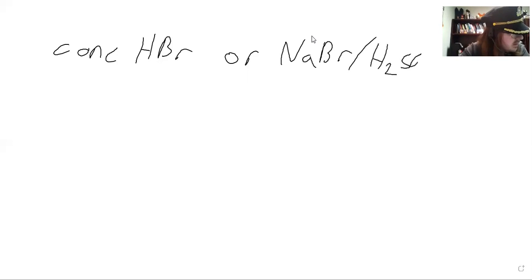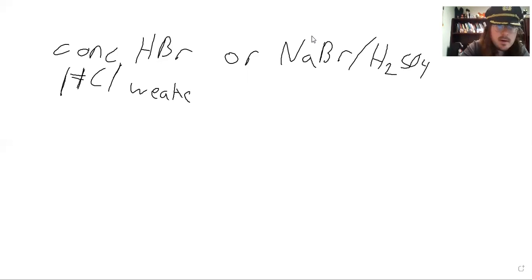You could also do this with HCl. But HCl is a weaker nucleophile. So we actually add a Lewis acid helper. It needs a Lewis acid to help.